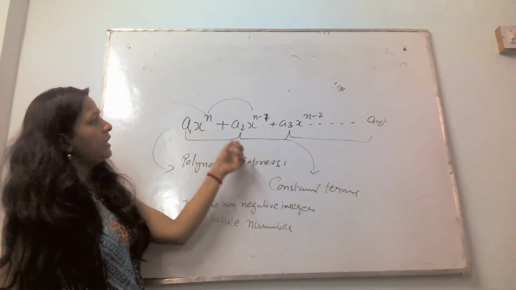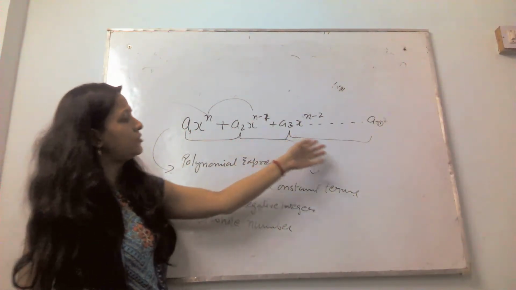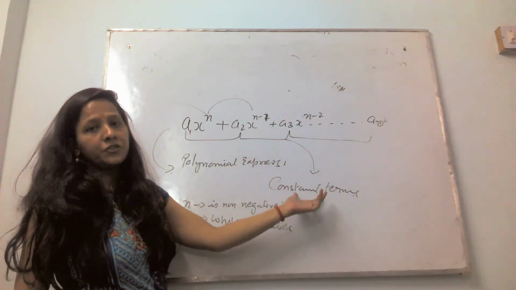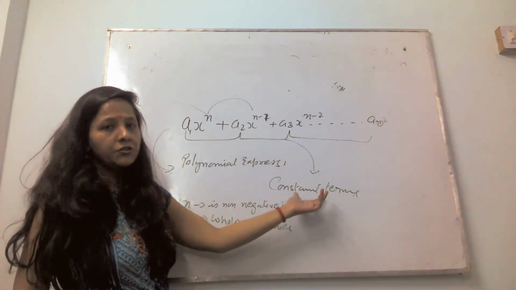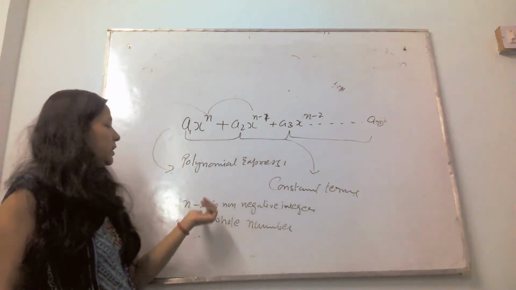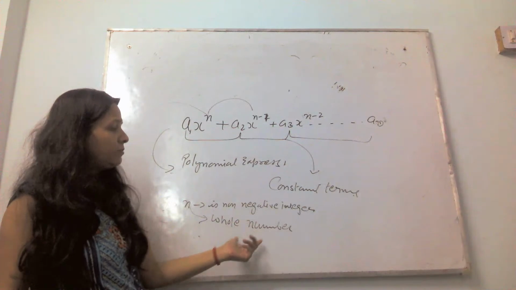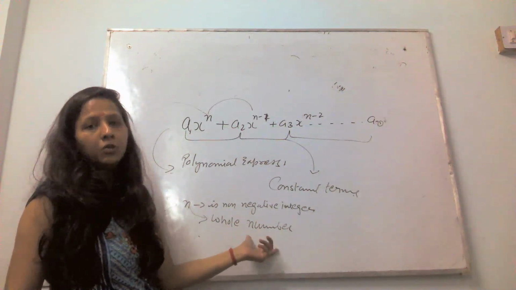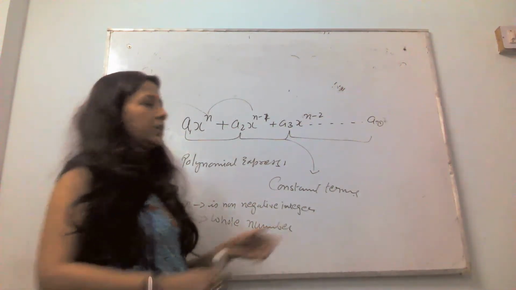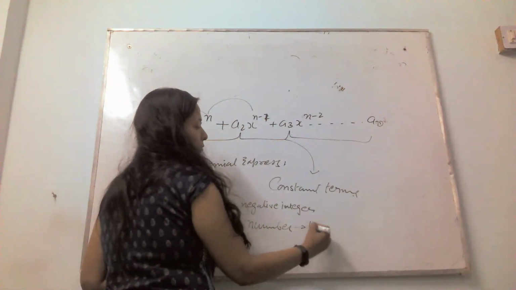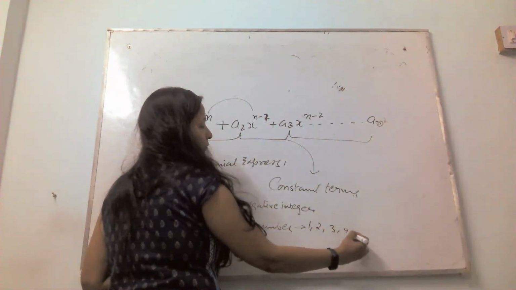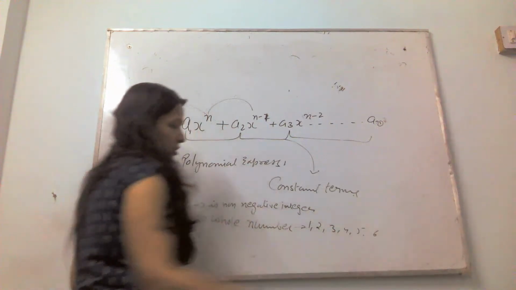Where a1, a2, a3 and so on are called constant terms, and n is a non-negative integer. That means n should be a whole number, in the form of 1, 2, 3, 4, 5, 6 and so on.